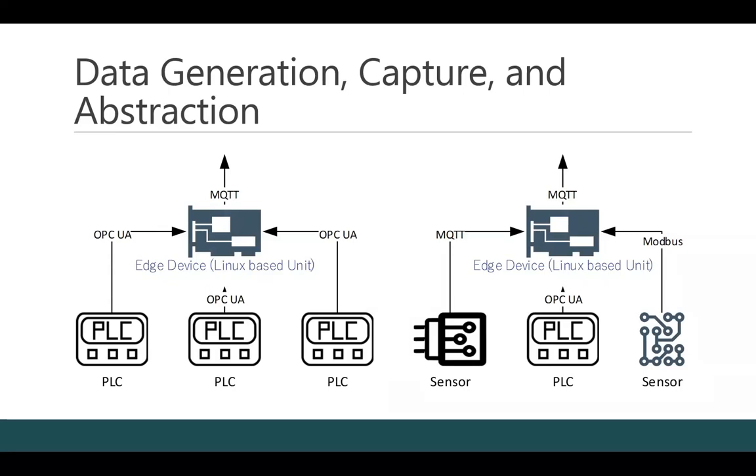These edge devices can be anything from a centralized server-side machine, Windows-based or other, to single-board computers running Linux. So think of Raspberry Pis at this point. Implementations using a centralized server will be able to contain the capture, abstraction, and data collection layers all together, and we'll be discussing that data collection layer on the next slide.